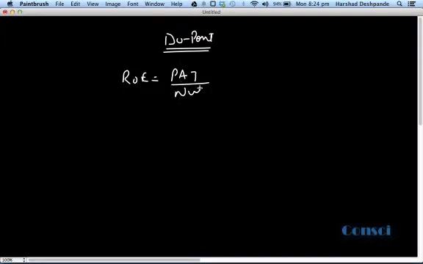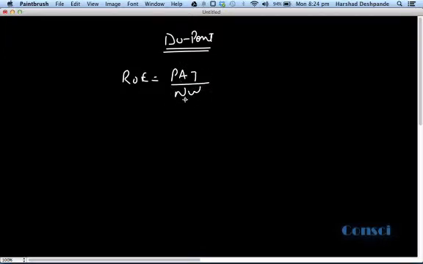To analyze ROE of a company, a typical way to go about it is by using something called DuPont analysis. Okay, now this is a very famous way of doing this analysis. Now ROE is given by PAT upon net worth.